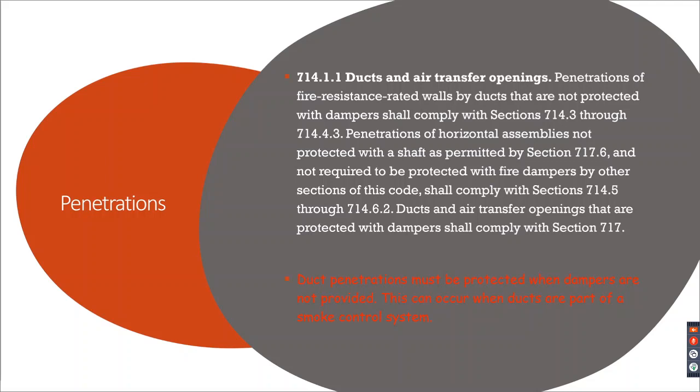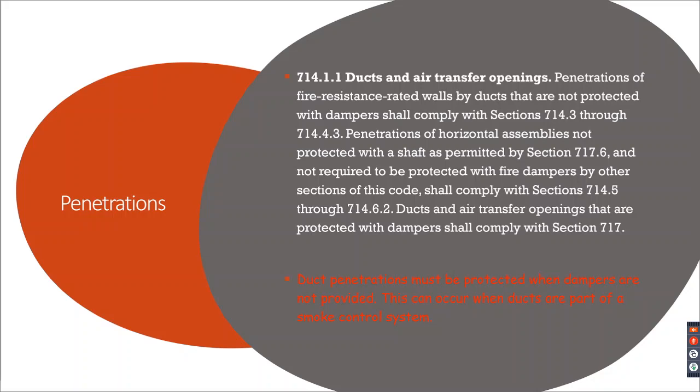So the note here is that duct penetrations must be protected when dampers are not provided, and that can occur when ducts are part of a smoke control system, for example, right? You wouldn't want to put a damper inside a smoke control system duct, the mechanical smoke control system like your atrium, your stair pressurization. It doesn't really help with the smoke there.